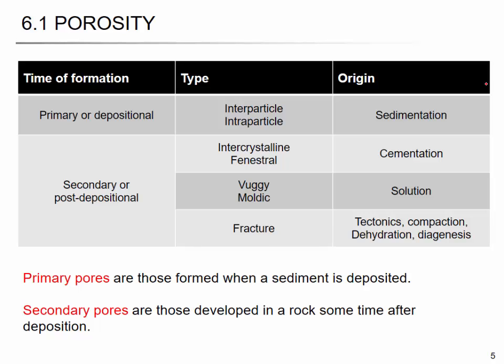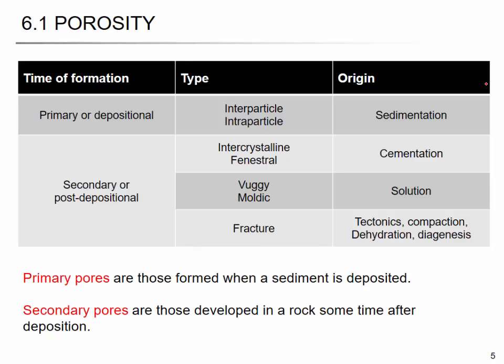And secondary pore is that after the deposition, there could be some compaction by the overburden pressure, and there can also be the geochemical reaction, dissolution and the precipitation of the rock mineral, right? So that's the process for the secondary pore generation.